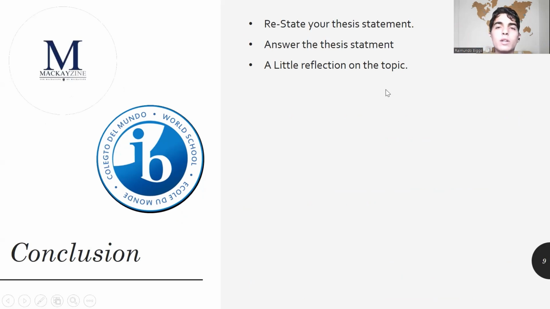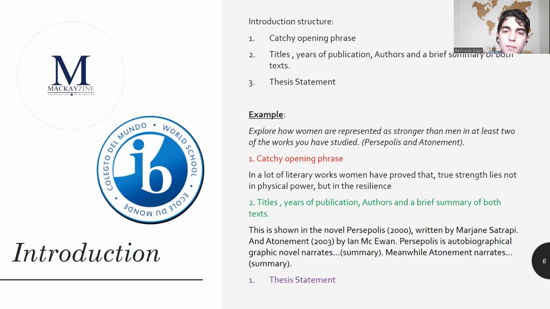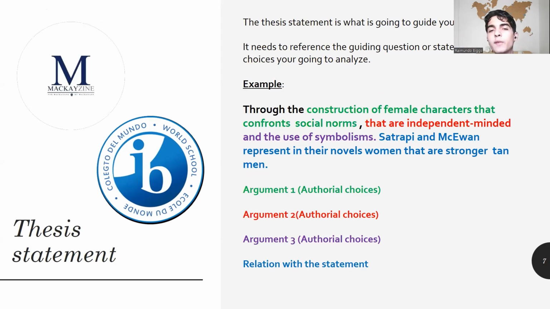In the conclusion, you need to restate your thesis statement. You need to answer your thesis statement. So, for example, if my thesis statement was through the construction of female characters that confront social norms, that are independent-minded, and that use of symbolisms, Satrapi and McEwan represent in their novels women that are stronger than men.